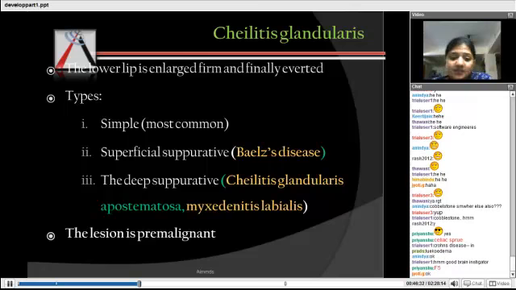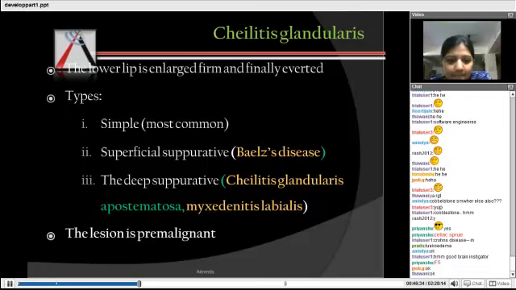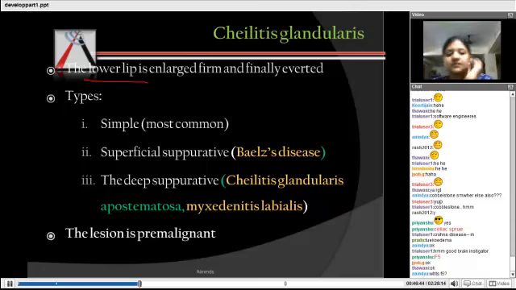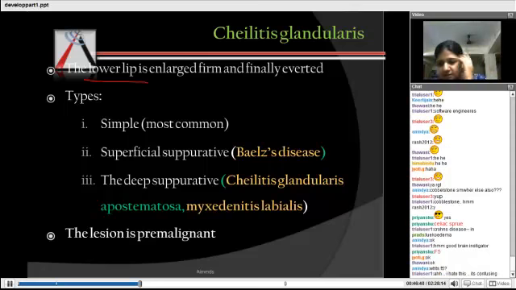Now cheilitis glandularis. This is a condition that's basically associated with the lower lip. Most frequently the lower lip gets affected, and the lip becomes enlarged and everted. I know there are two terms: you have cheilitis glandularis and you have cheilitis granulomatosa. If you take the words themselves, it's easy.